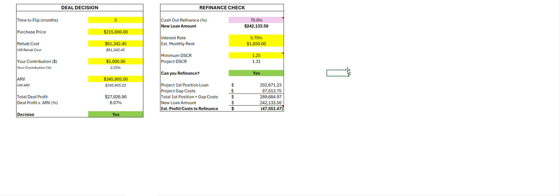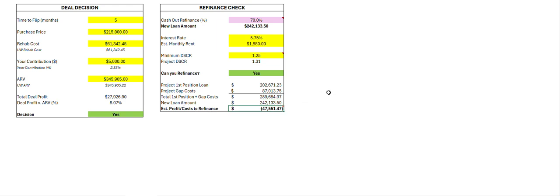So let's check too. If we were to refi, what are the costs associated with it? We would need to pay off the loan. So we have a first position loan, but we also have a gap loan. The total price for the first position loan and the gap loan is $289. On this cash out refi, it's 70%. The new loan amount would be $242.